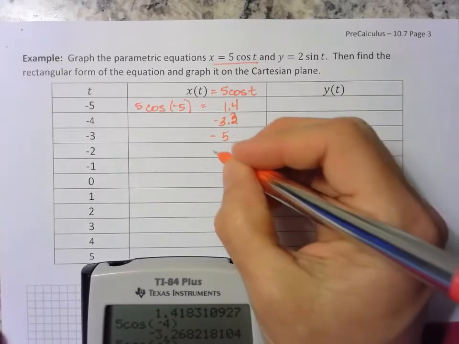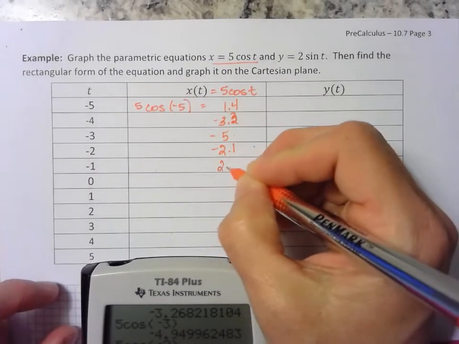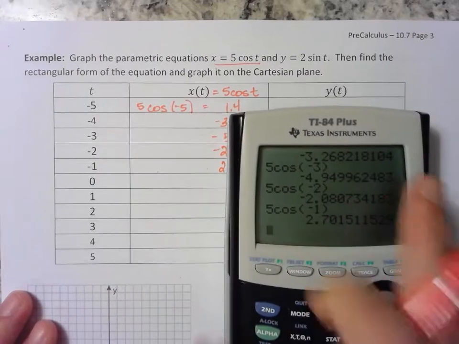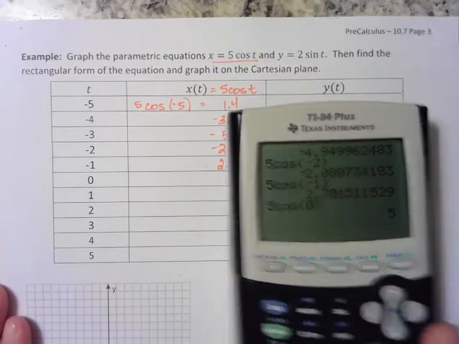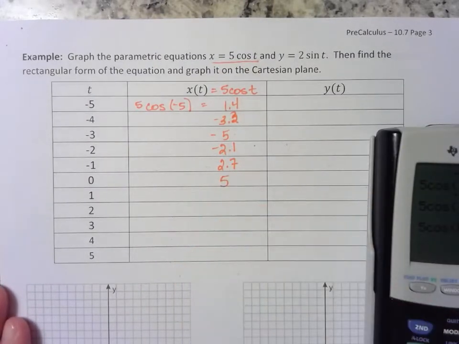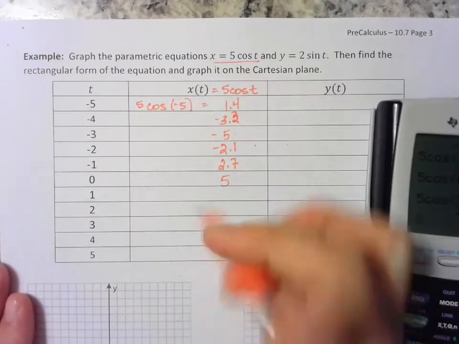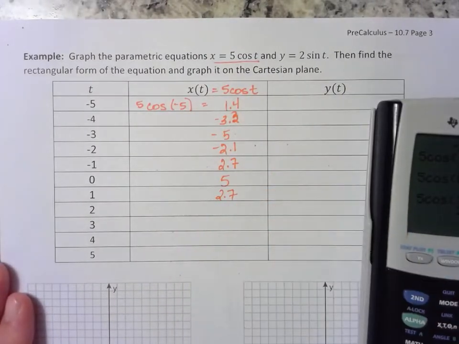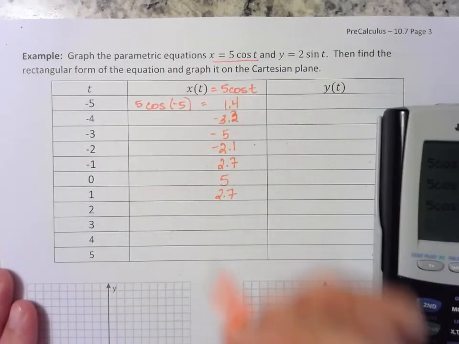Negative 2.1. 0.7, 5, 2.7, negative 2.1.